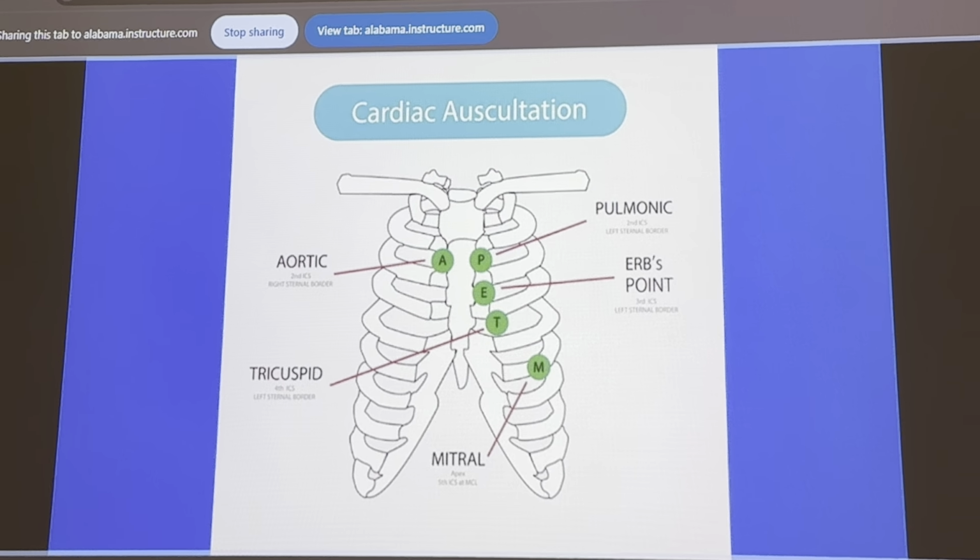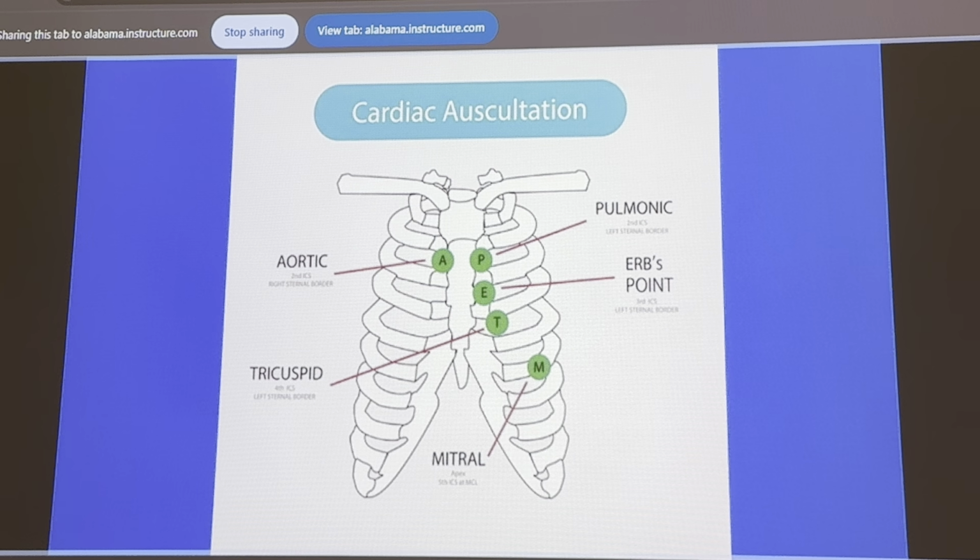So let's go back to this again, just to refresh and review what we're talking about. Our big ones are going to be your aortic, which is your second intercostal space, right sternal border, and then your mitral valve right here. Fifth intercostal space, left mid-clavicular.